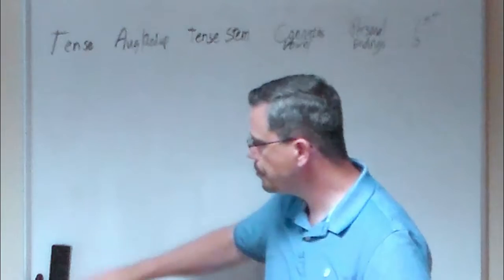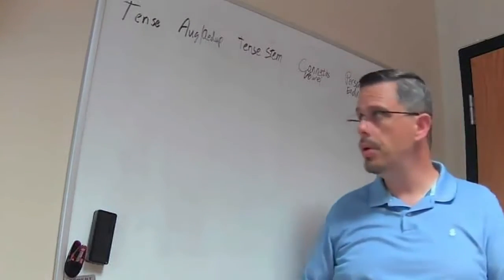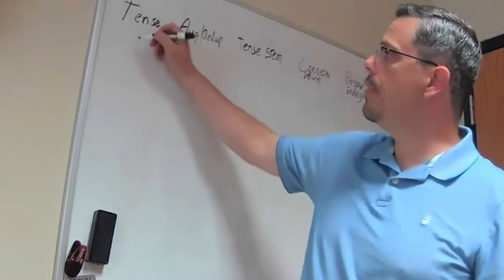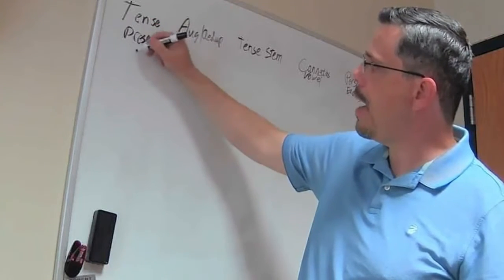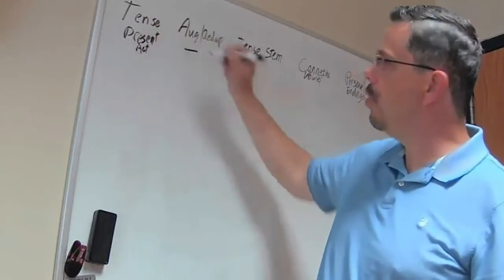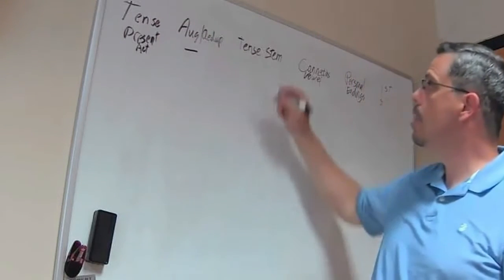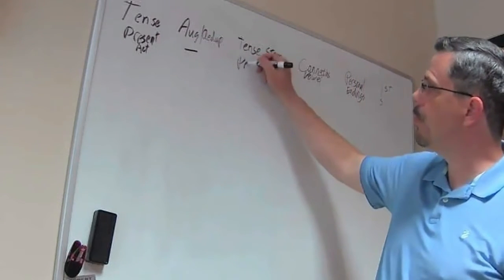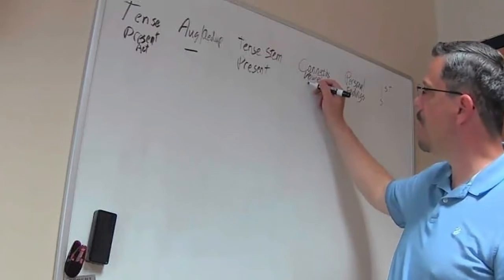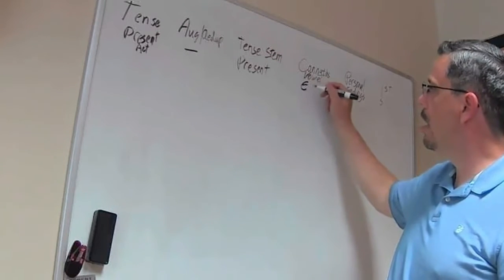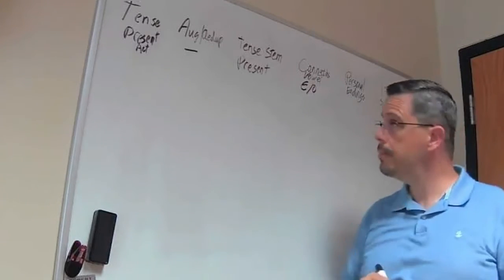All right. So let's review where we've already been. So in the present tense, the present active, we have no reduplication or augment. Our stem is the present tense stem. Our connecting vowels are epsilon or omicron.